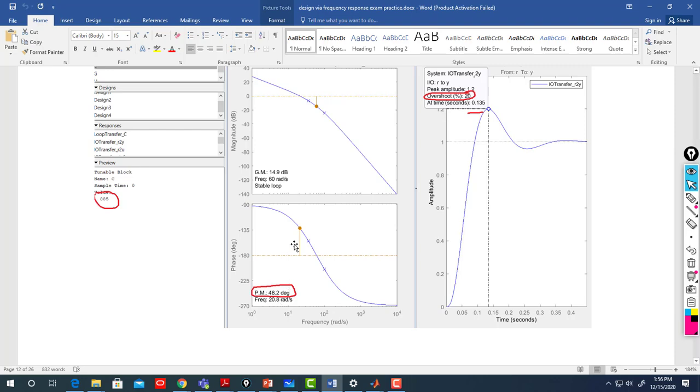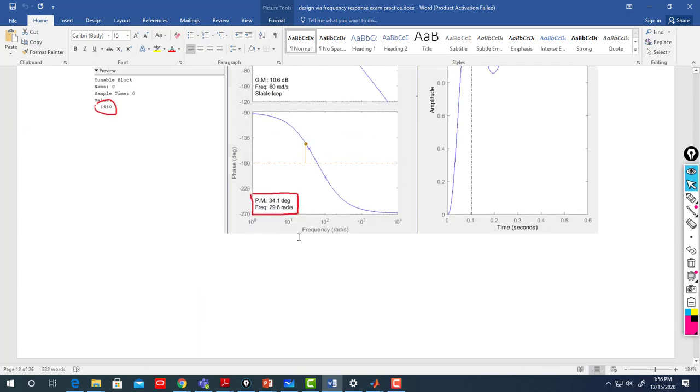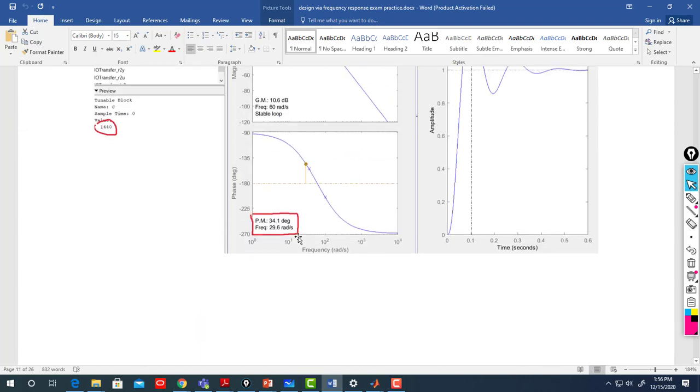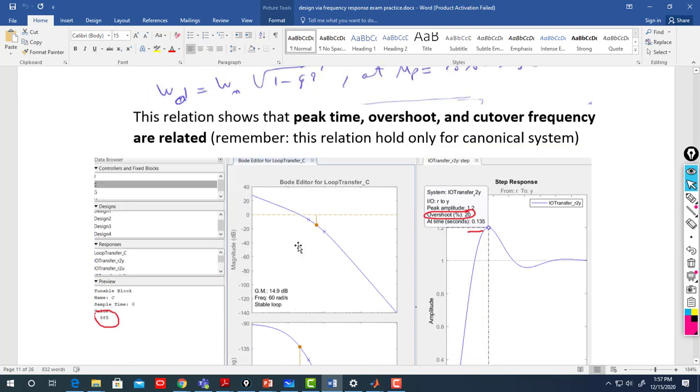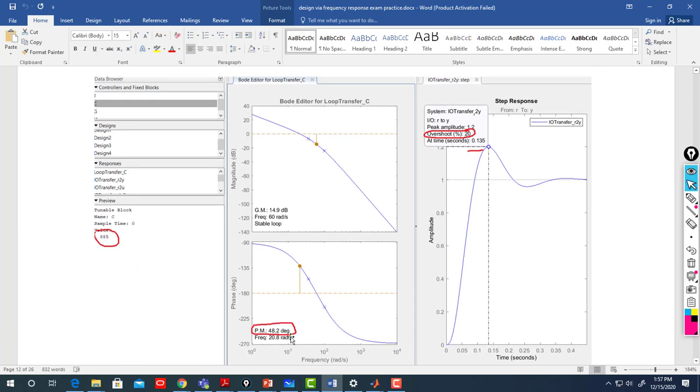So if I want to move my phase margin, I increase the angle. I want to increase this angle. What do we do? You look at the 20 radian per second here.